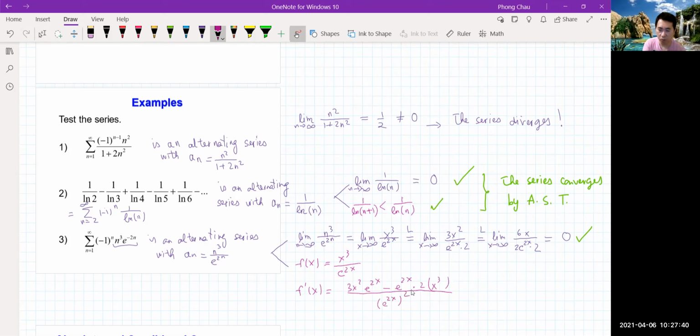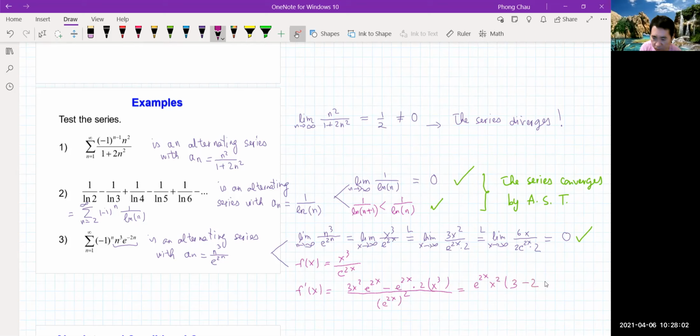Again, using the quotient rule. Now, the numerator has e to the 2x in common. It actually has x squared in common. I can take out e to the 2x as well as x squared. What I have left is 3 minus 2x.